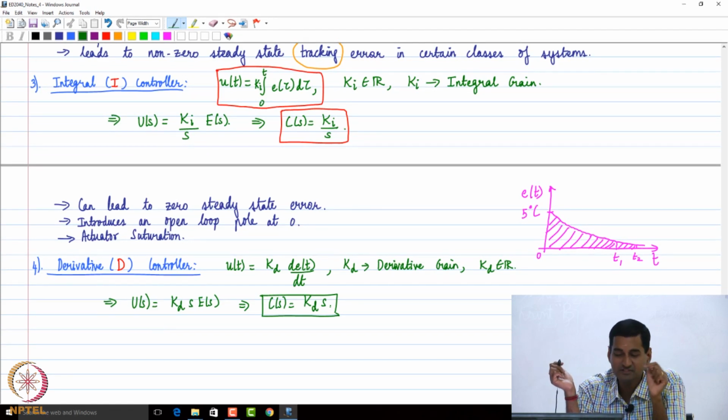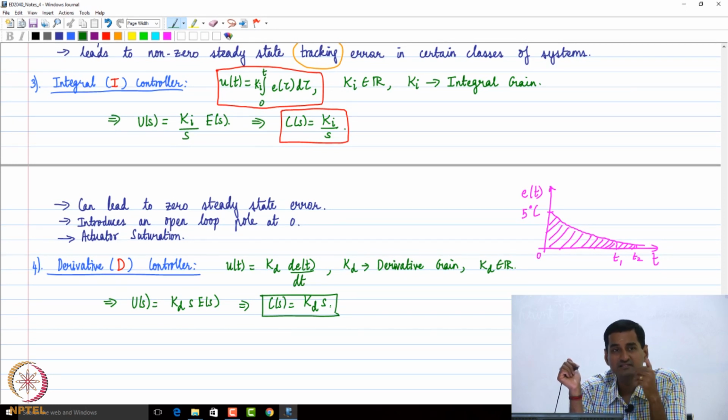Then if you put C of s to be Kd S and calculate the open loop transfer function G of s H of s, you would have the order of the numerator one more than the denominator, due to this Kd S. Then we need to be a bit careful, so we can't really use that. But typically, the open loop transfer function would become proper. And this is what the derivative action would lead to. Essentially, it would lead to this transfer function.